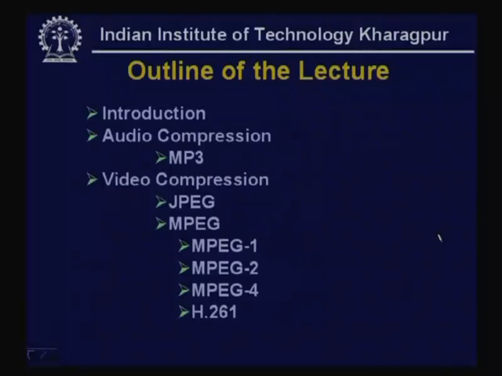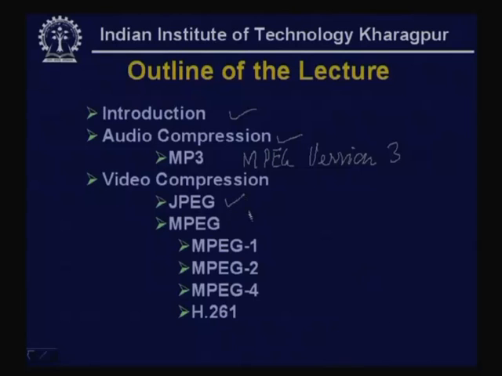Here is the outline of the lecture. I shall give a brief introduction and then discuss the audio compression technique, particularly what is being used in MP3, that is MPEG version 3. Then I shall discuss the video compression techniques.